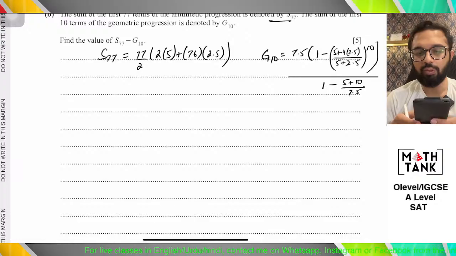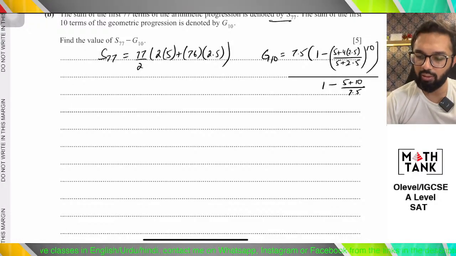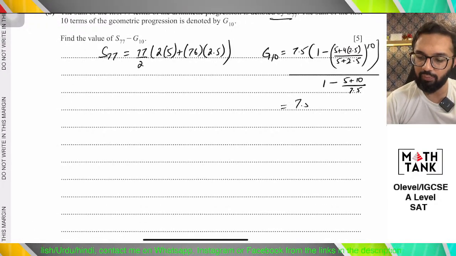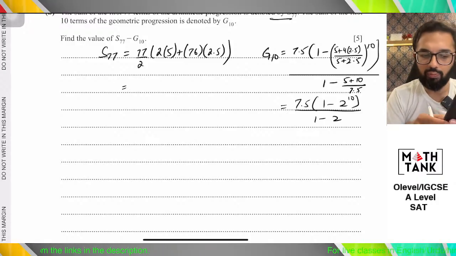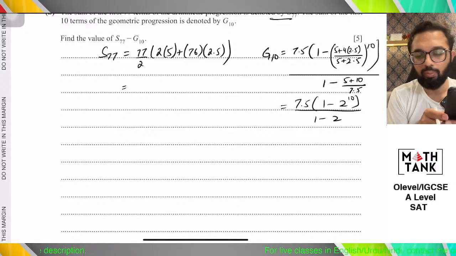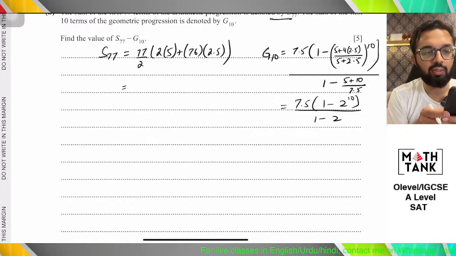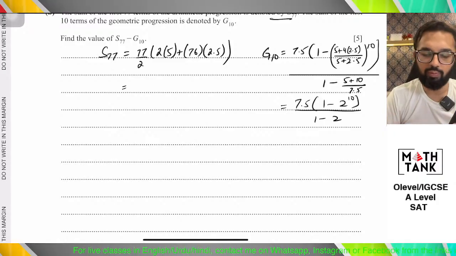So 15 over 7.5 is basically my r, which is 2. So that's going to be 7.5 times 1 minus 2 to the power 10 over 1 minus 2. And here I have 77 into 10 plus 76 into 2.5 divided by 2, 7,700.